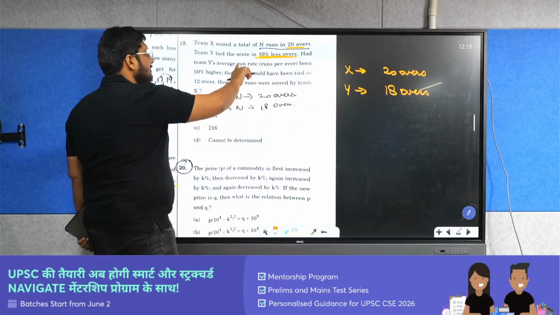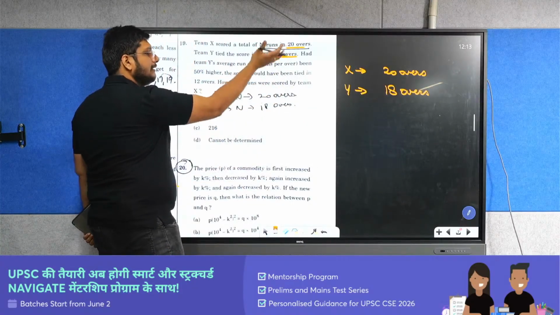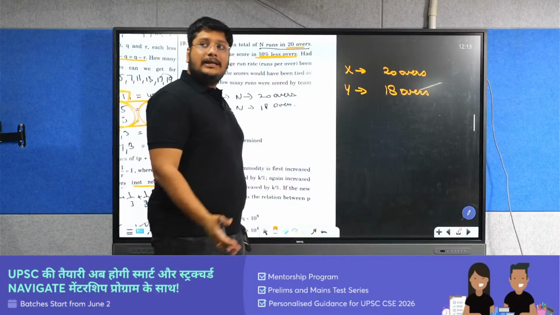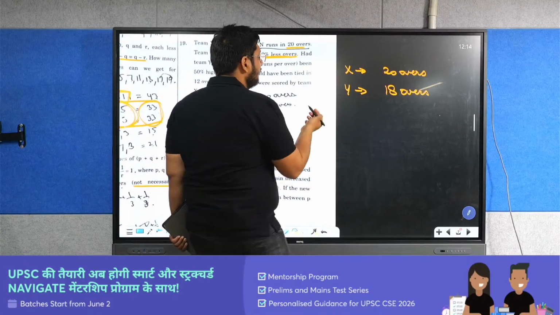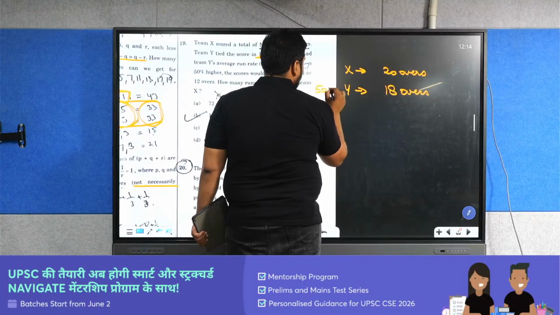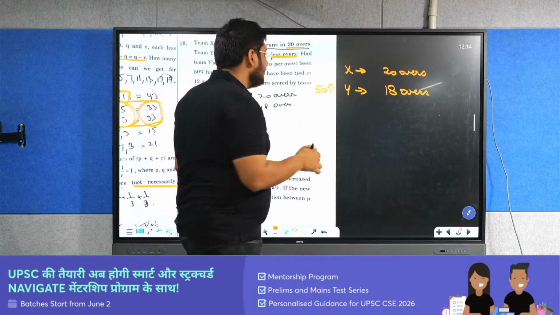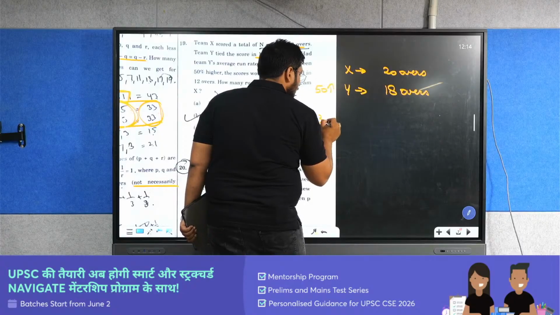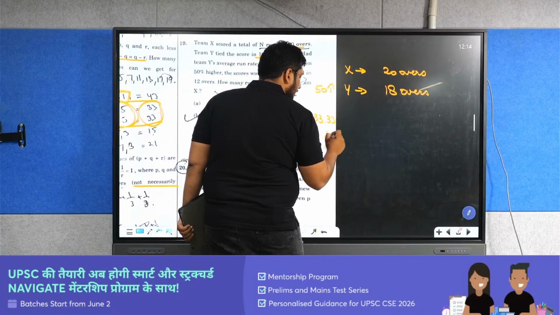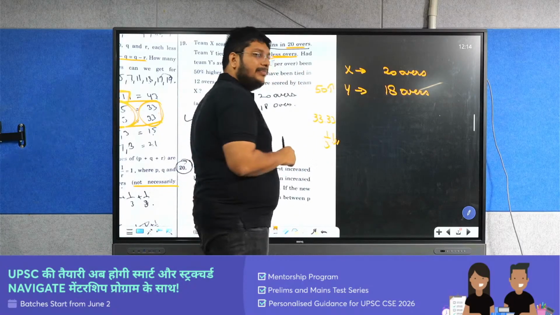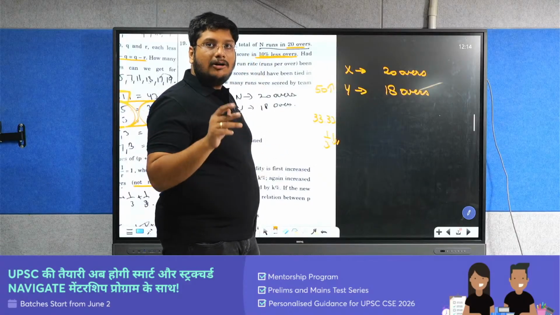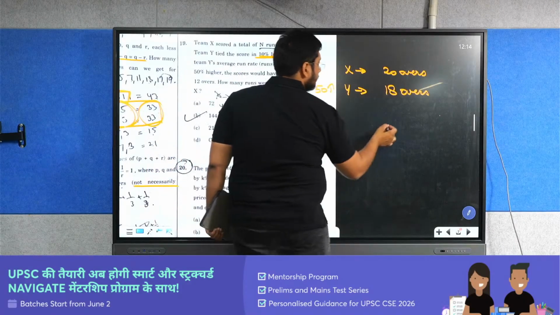Had Team Y's average run rate been 50% higher, if I have to increase the runs of Team Y by 50% in each over, then the number of overs has to decrease by 33.33%. That means 1 by 3 it has to decrease, as simple as that. Then automatically it will be 12 overs.